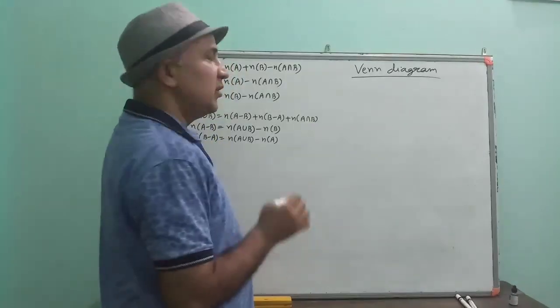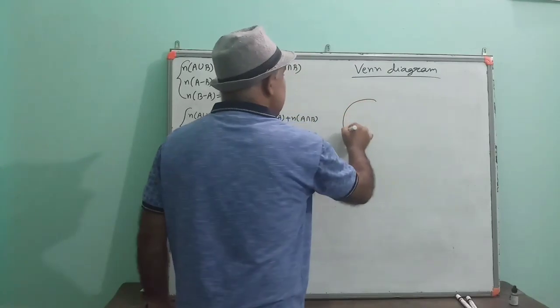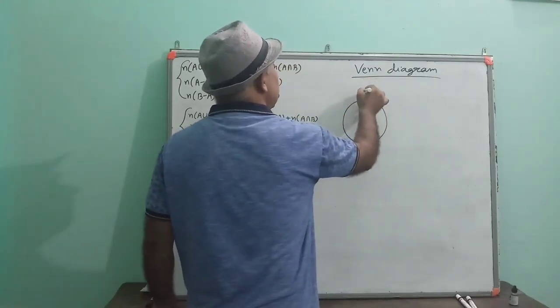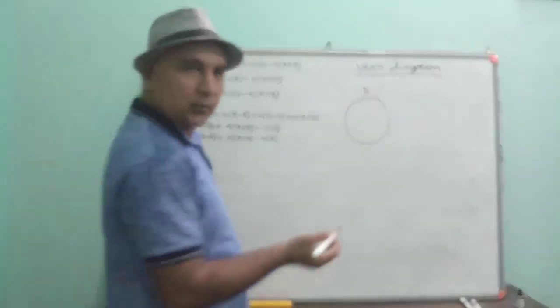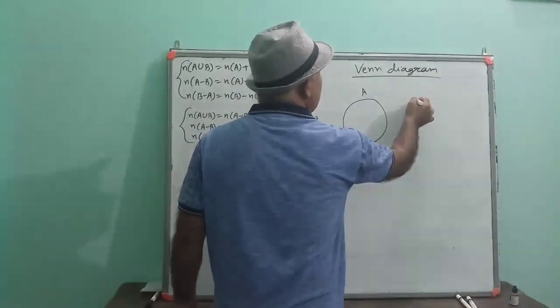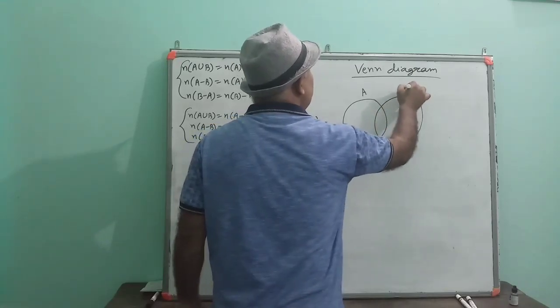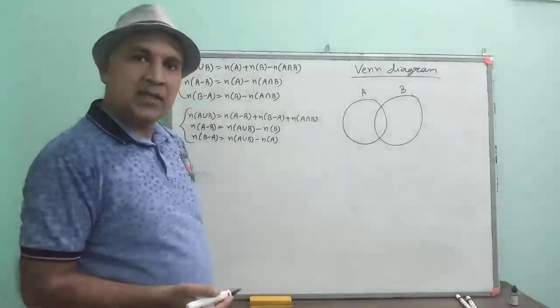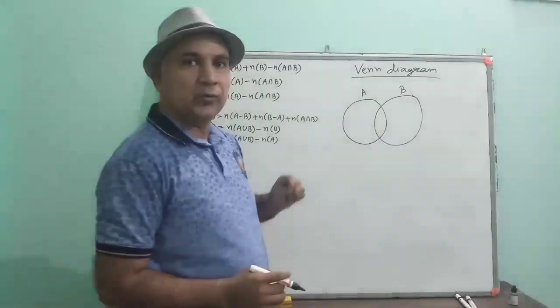Children, when we draw the Venn diagram, any set is represented by a circle. Suppose this circle is representing a set A. Suppose one more circle is representing B. Both are overlapping each other, and some portion is common in both.